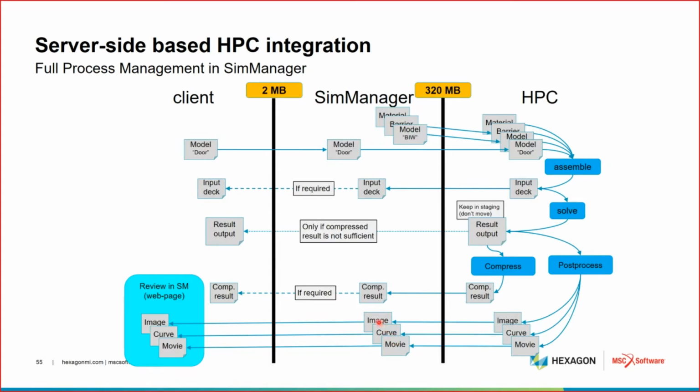So it allows me to very easily move small amounts of data to review the comparison between different analysis decks, between different configurations moving forward. But all of the hard work is done at the back end, with all of the data being automatically managed in SimManager from the process being executed, controlled by SimManager, but executed on your HPC.